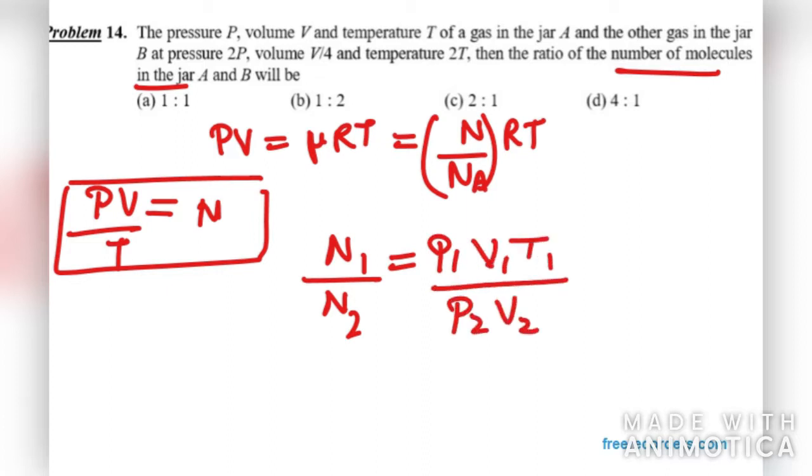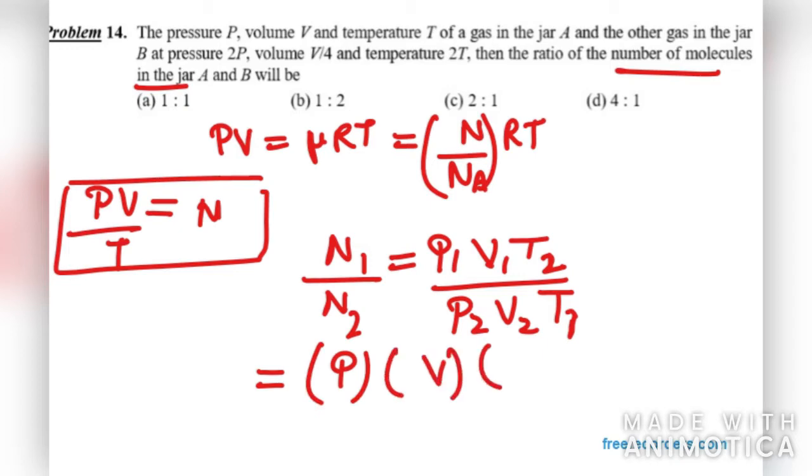So in this case we have pressure, volume and temperature. The first one is the same, that is P. V is V for the first and T is T for the first, while for the second, P2 is 2P, V is V by 4 and T is 2T.